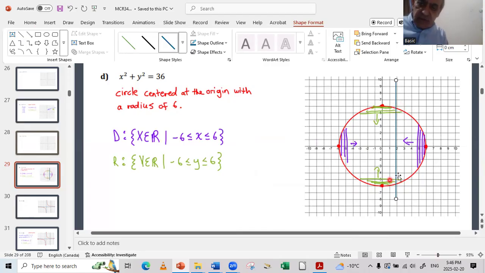As long as it cuts it in 2 points, this line makes an intersection with 2 points. Here is a point and here is another point. In that case, this is not a function, but it still has a domain and has a range, like I will show you right now.